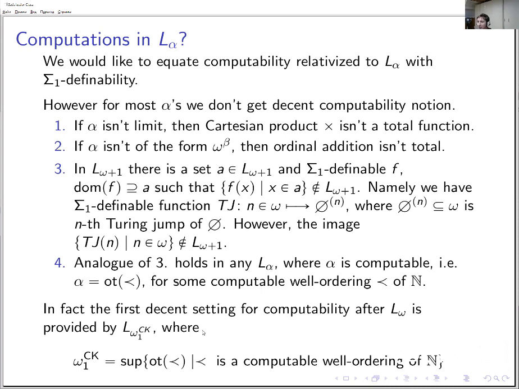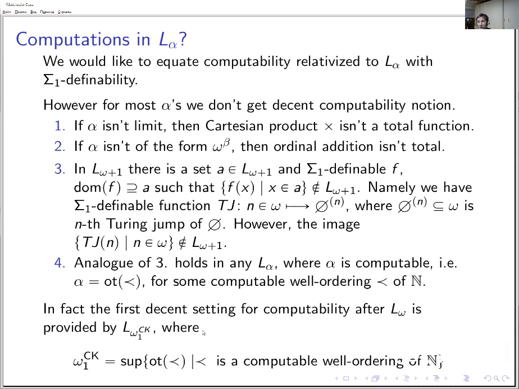However, basically, as soon as we get to the level of omega 1 Church-Kleene, where omega 1 Church-Kleene is the supremum of all computable ordinals, so it's the first non-computable ordinal, then actually we get some decent properties. For example, of course, we have totality of all the ordinal arithmetic.